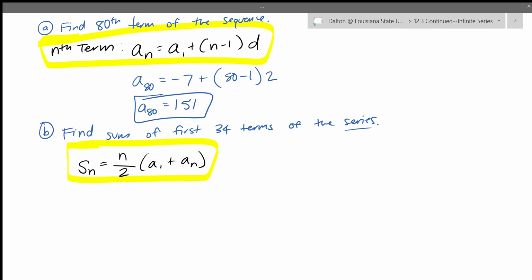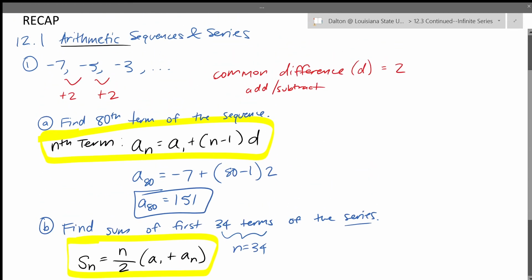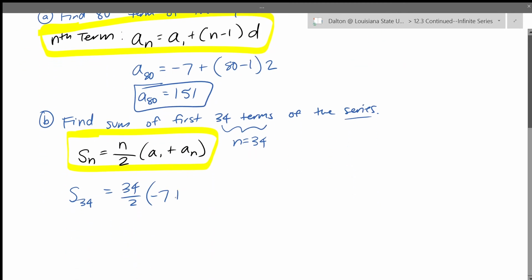In this case, if I substitute my values, first 34 terms implies that n will equal 34. So S sub 34 is equal to n over 2, which is 34 over 2, times a sub 1. I'm still using this original sequence, so a sub 1 is -7, plus a sub n, which would be a sub 34. I don't know what the 34th term is. So when you use the sum formula, sometimes you may have to go off to the side and also use the nth term formula.